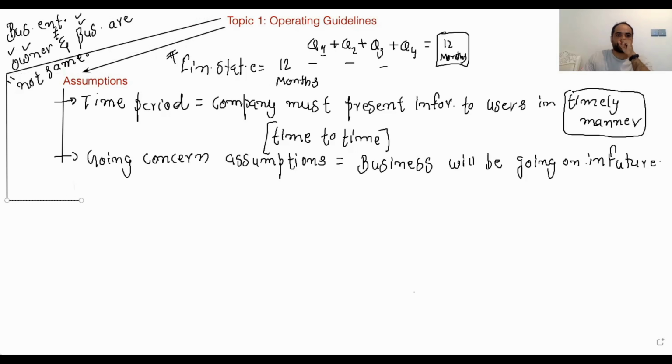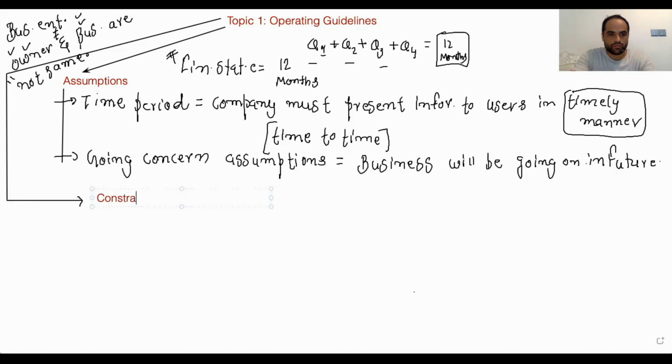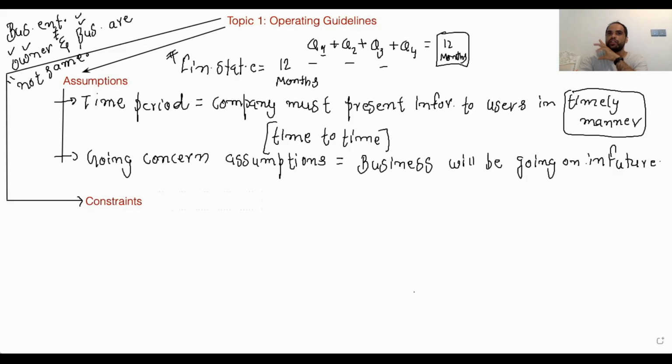Now, constraint. What is the meaning of constraint? As I explained before, constraint means where you can make small changes in your accounting standard as far as it does not reduce the qualitative characteristics of financial information.